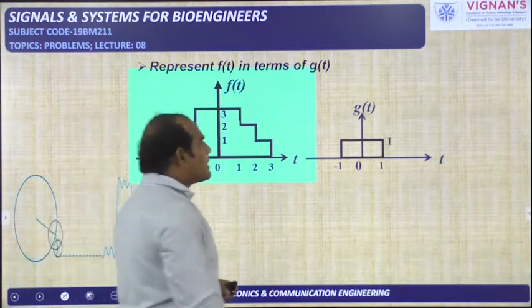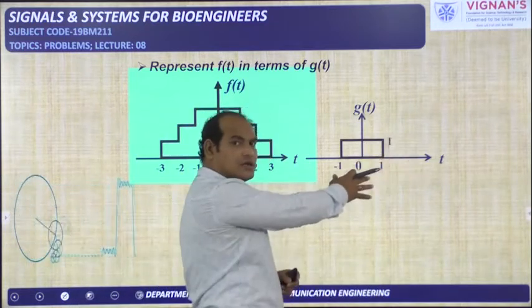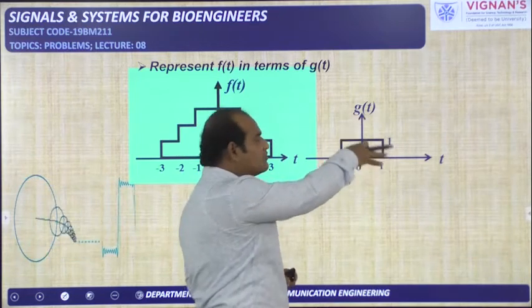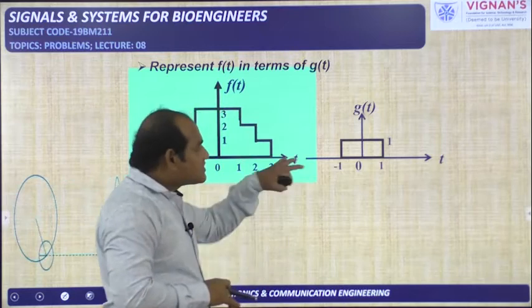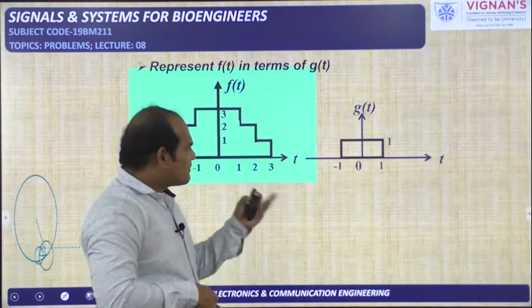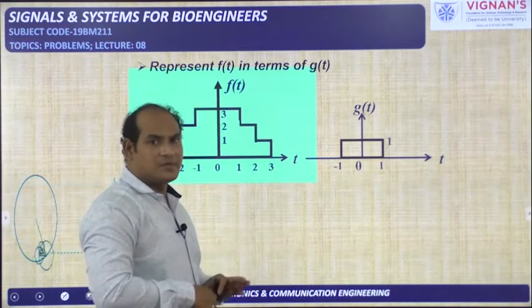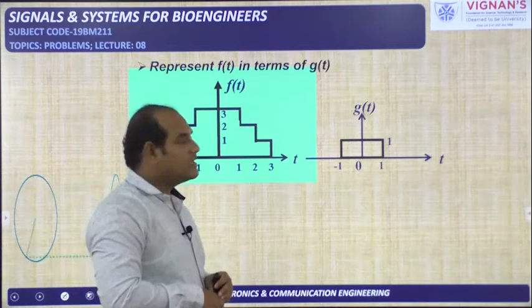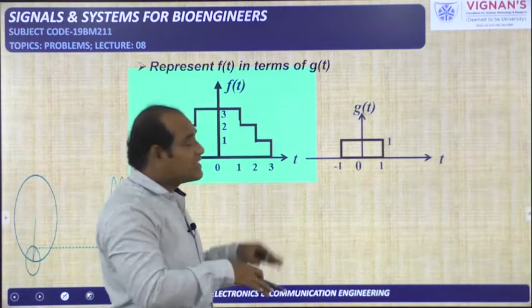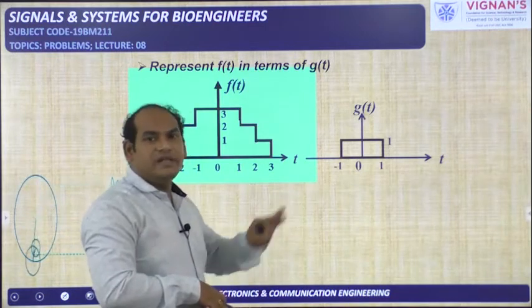That means you perform some operations on g of t and using those things we need to write this f of t. You perform time shifting or time scaling, amplitude scaling, whatever it may be. But finally, you should write f of t totally in terms of g of t only.